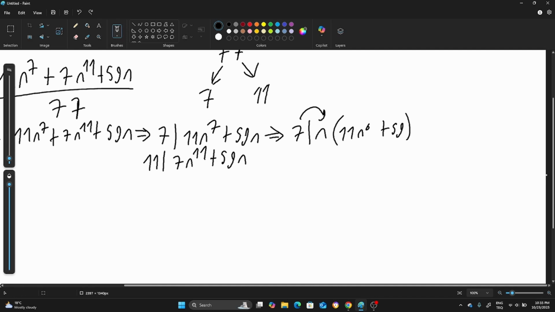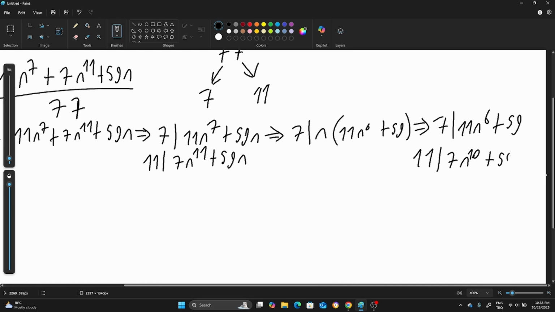We only know that 7 divides n when n is a multiple of 7, and for other cases, 7 should divide this thing. So we have to look at that case for all n: 7 divides 11n^6 + 59. Similarly, for 11, we get 11 divides 7n^10 + 59.